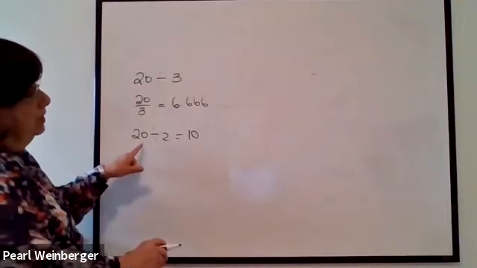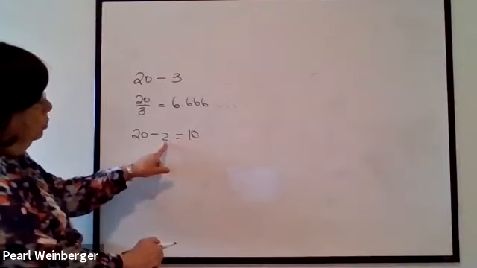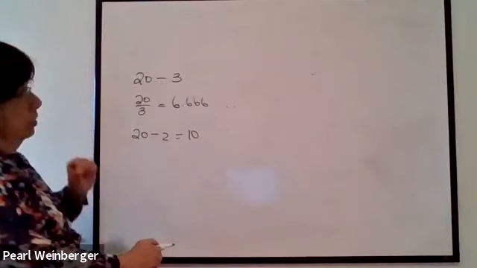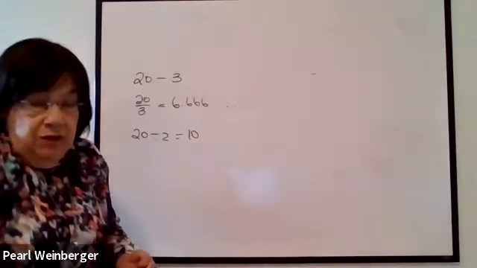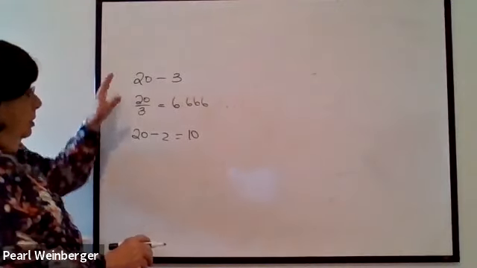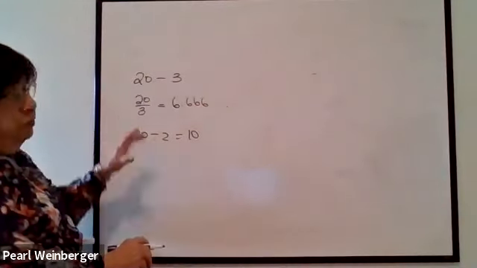What we usually say then is that 2 is a factor of 20. When something divides evenly into a number, it becomes a factor. And even though you can divide with numbers that are not factors, when you're dividing with numbers that are factors, you get much nicer answers.